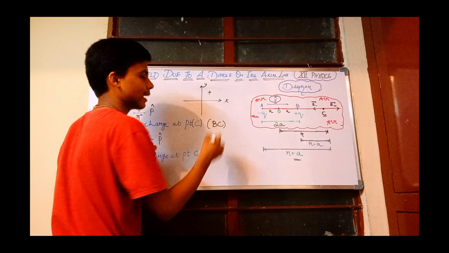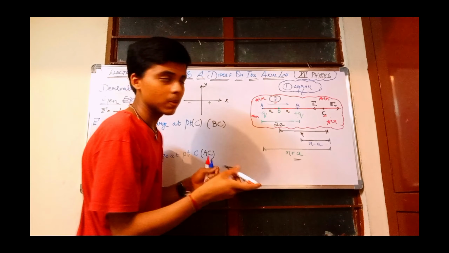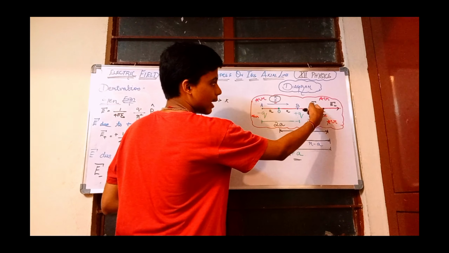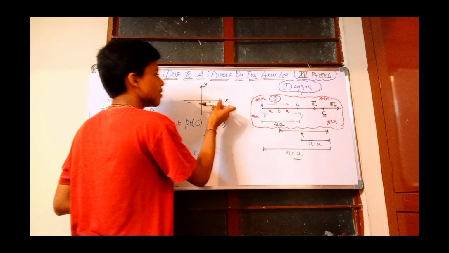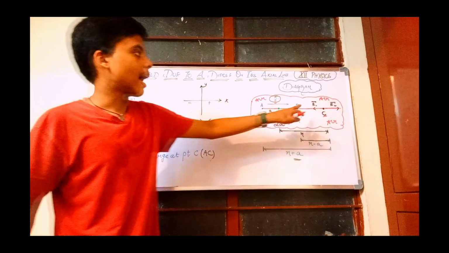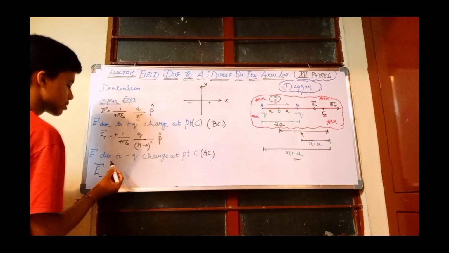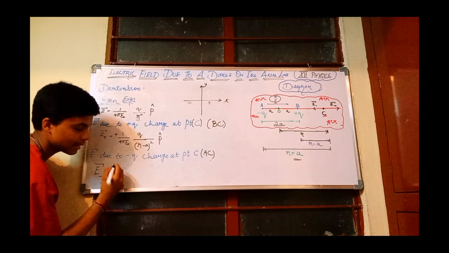This is positive x-axis and this is negative x-axis. Now you are seeing this E minus vector is coming inward. So when the direction is like this, it is going in the negative direction. So I'm going to use negative symbol for this electric field, since it is moving in inward direction. That is why I'm going to use negative symbol in this formula.